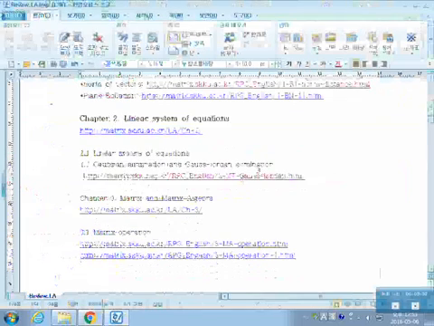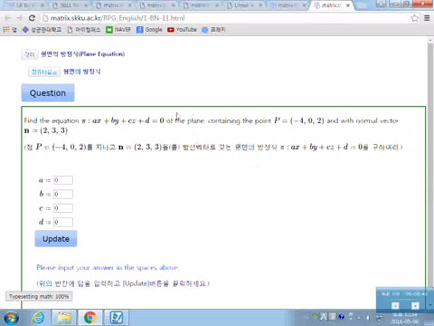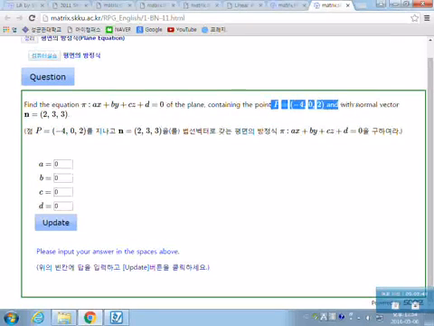The other one is about finding the equation of a plane. For a given point and normal vector, we can find the coefficients of x, y, z, and also d. Here we can just put answers, then check whether our answer is right or not.